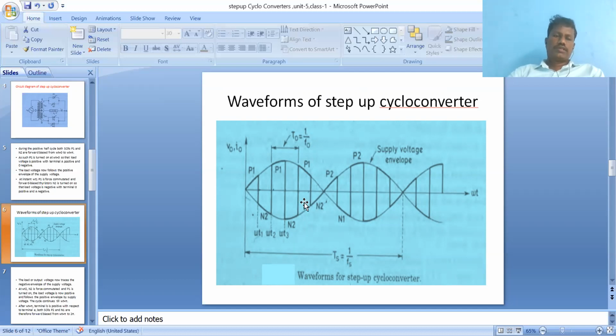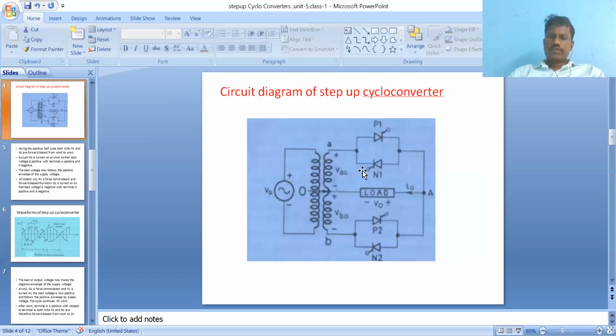Now take the operation. During the positive half cycle of input, A is positive with respect to B, means positive is connected to the anode of P1. So P1 comes in conduction state, and B is negative, means negative is connected to the cathode of N2.